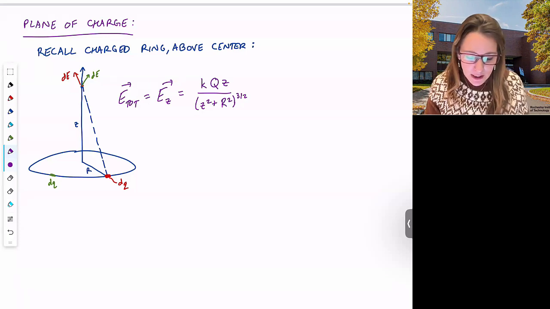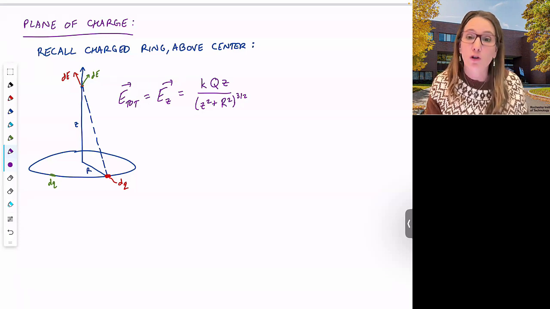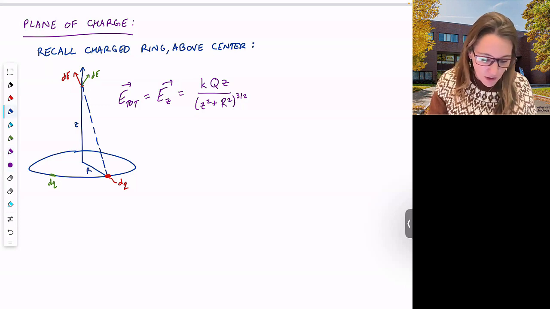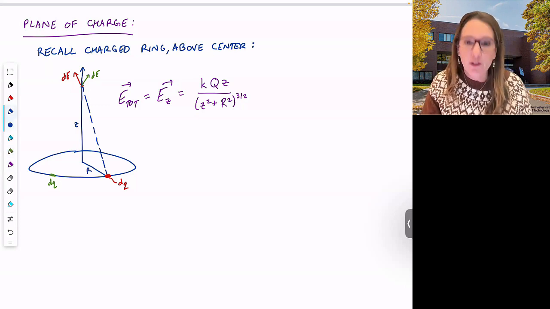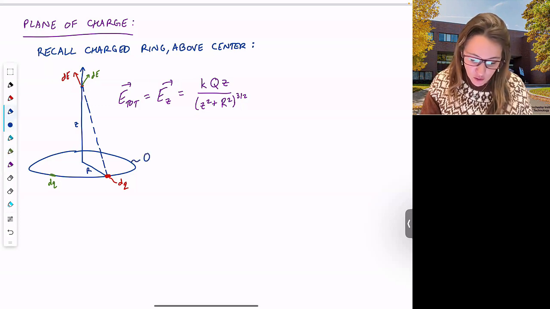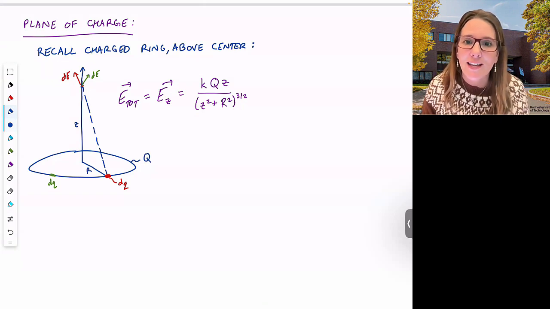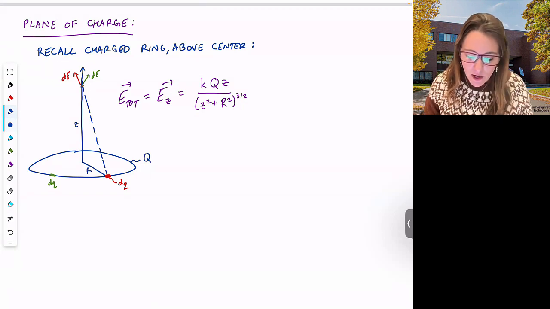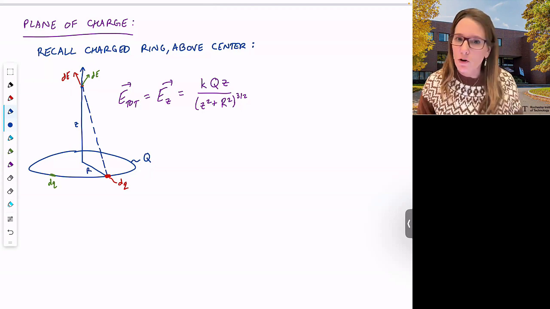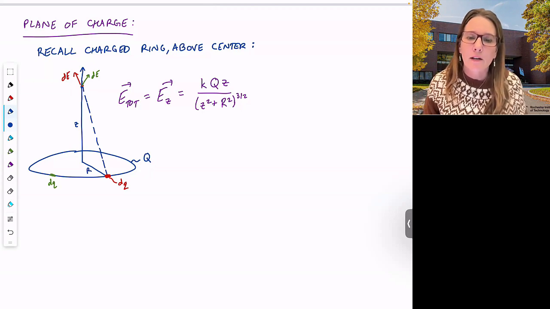So to do this, we're going to recall the charged ring. We had calculated the electric field from a charged ring that has a total charge Q distributed around it, above the center of that single ring. And so we're going to use this as a starting point to talk about the plane.